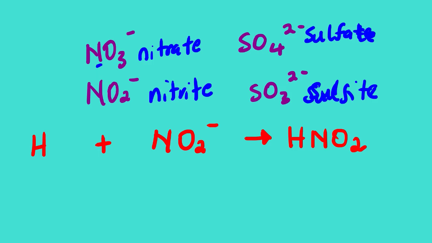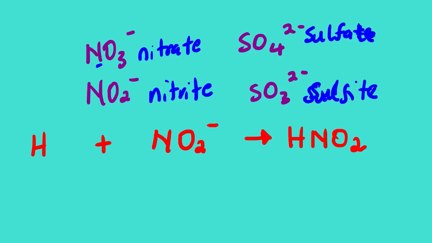Once you understand this, you would be able to write the product of reacting potassium and nitrate or nitrite. You should be able to react a lot of things.